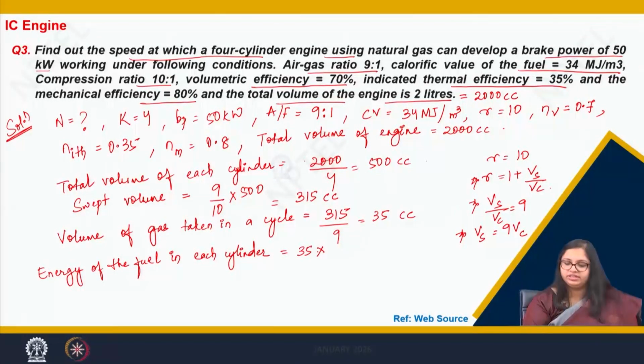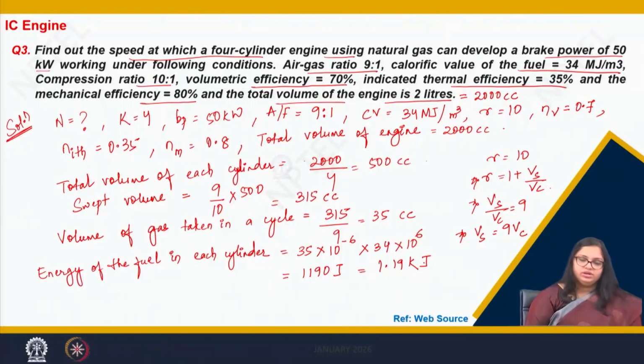If I convert it into meter cube, this is 35 into 10 to the power minus 6 multiplied by the calorific value here, which is 34 into 10 to the power 6, which gives me around 1190 joule, which is equal to 1.19 kilojoule.